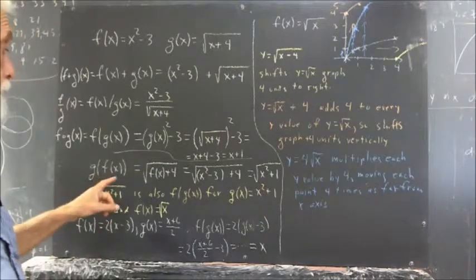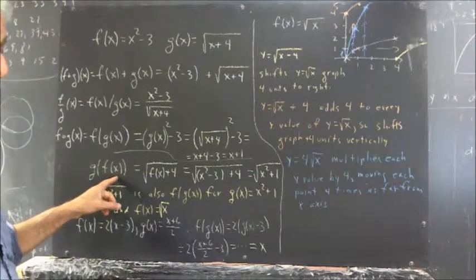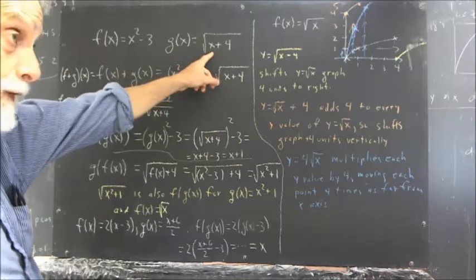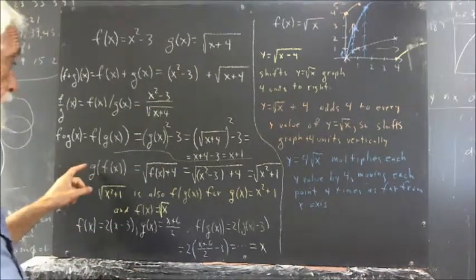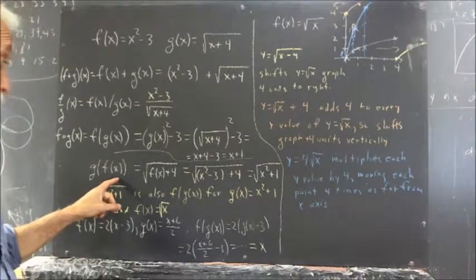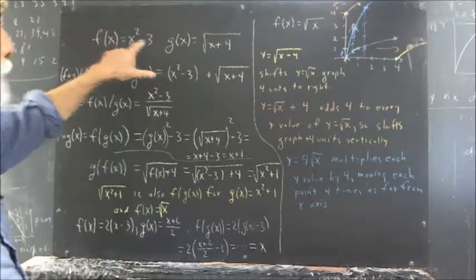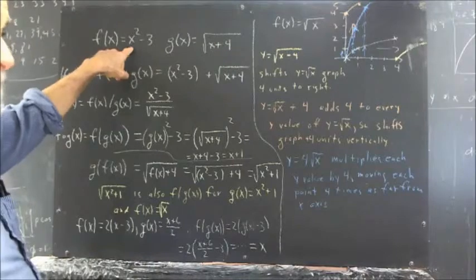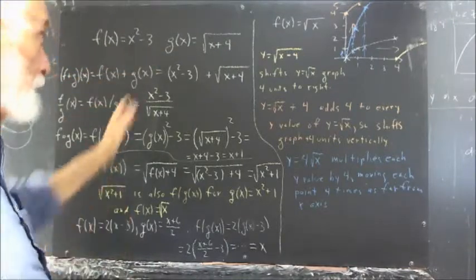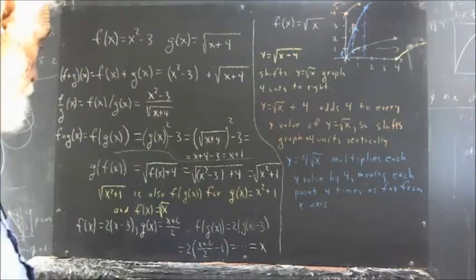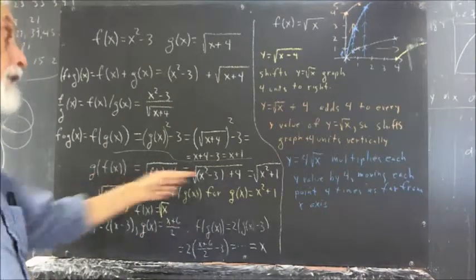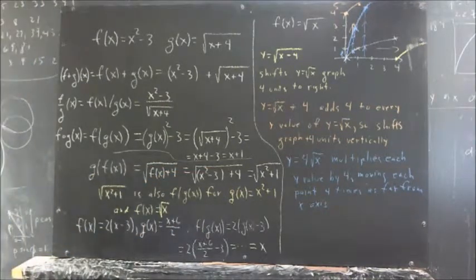So even though, say, x equals negative 10 would not work in the g of x function, it works just fine in the g of f of x function, because you run that negative 10 through f of x and it gives you 97, and that number will go just fine into g of x. Okay, anyhow, that's how you write out the composite.